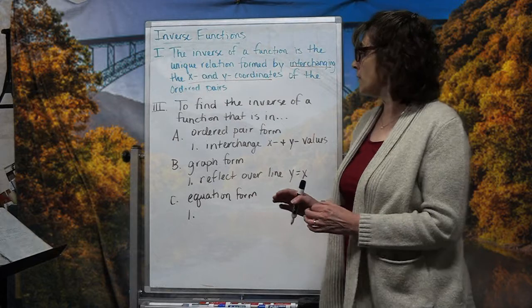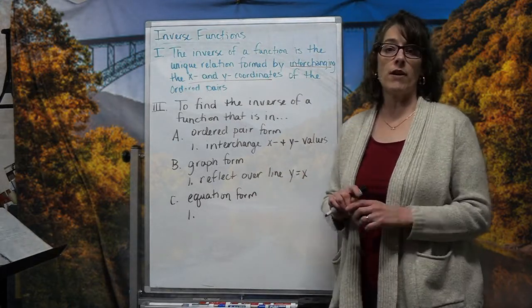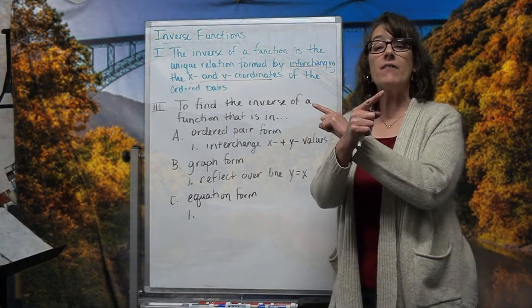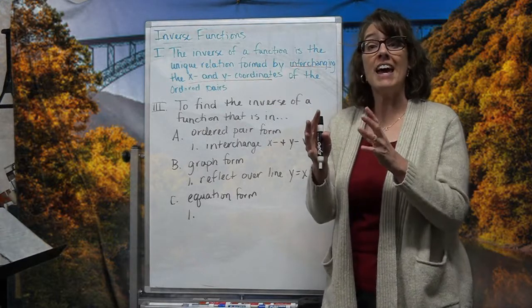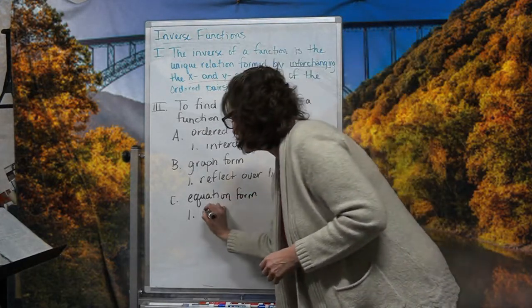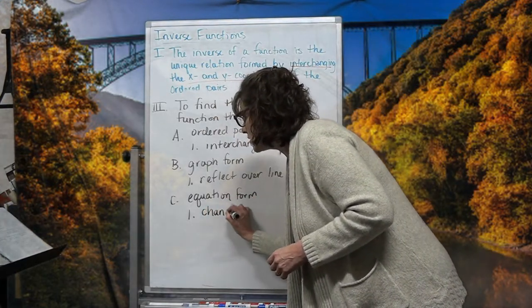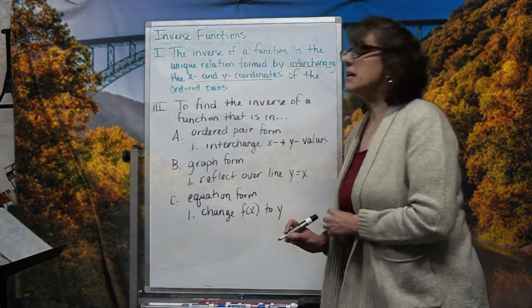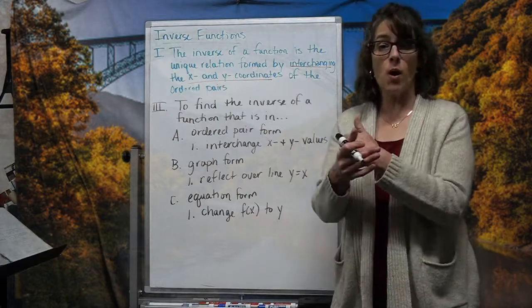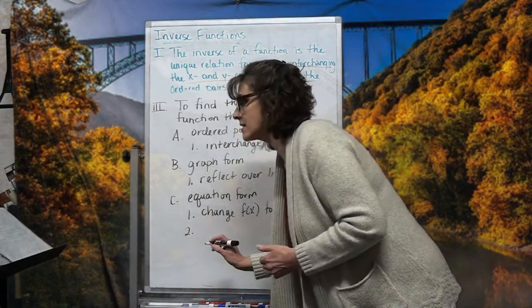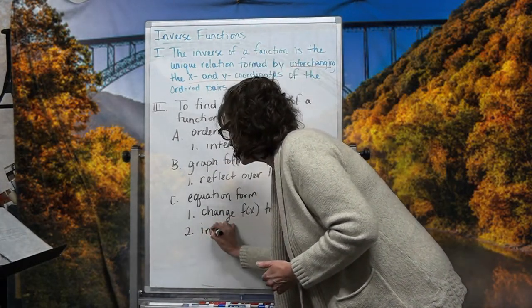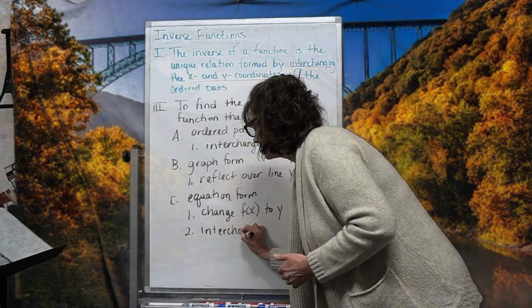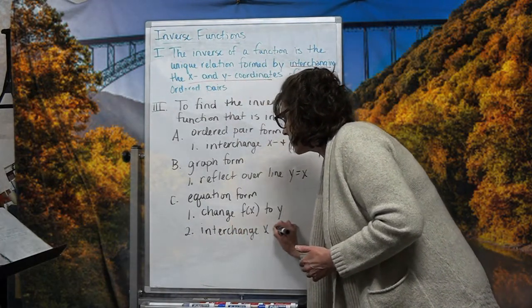And we need to remember the whole idea is to interchange those x and y values, swap out x and y. But if I have an equation, I don't have a y, I have an f of x. So what I need to do is first change that f of x to y. Because once I change it to y, then I can swap out my x and my y. And that will be the next step, to interchange the x and the y.